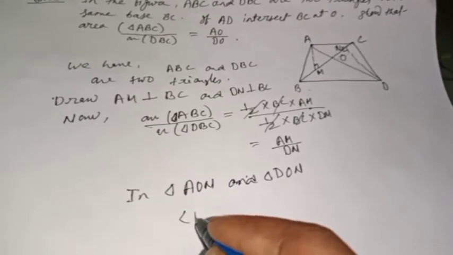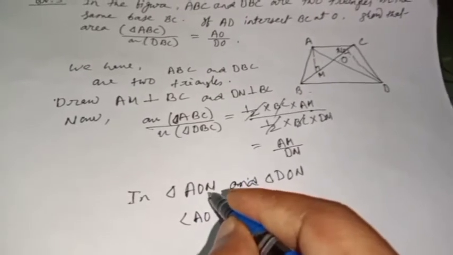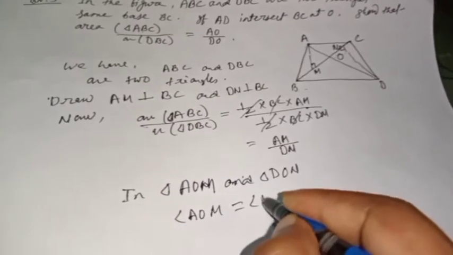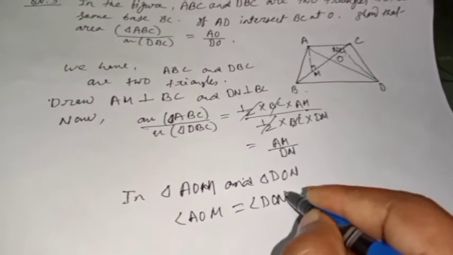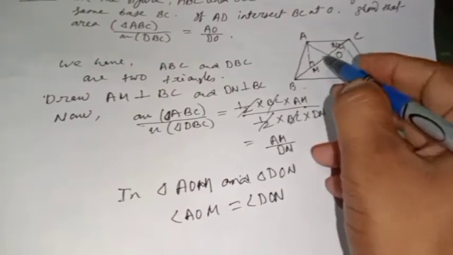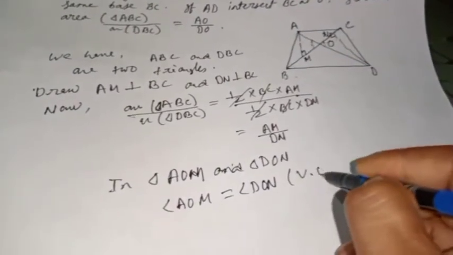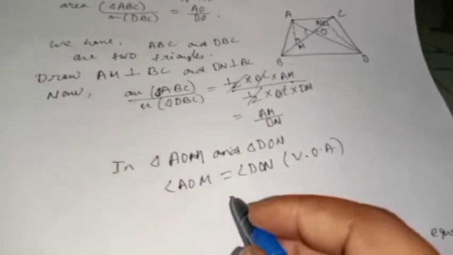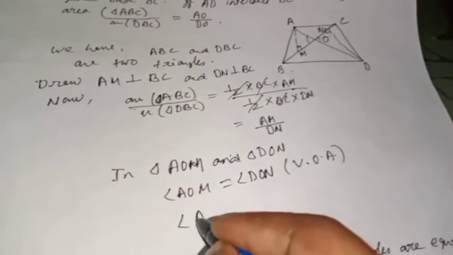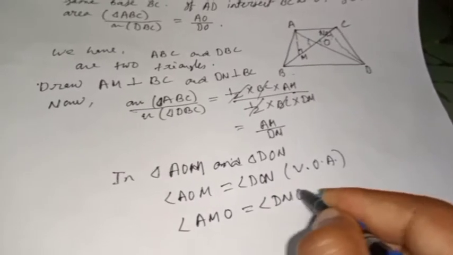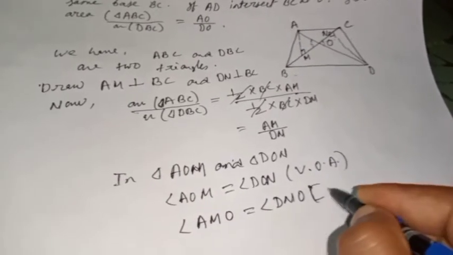Then angle AOM is equal to angle DON. Why? Because vertically opposite angles. These two angles are vertically opposite angles. Next, angle AMO is equal to angle DNO. Why? It's 90 degrees.